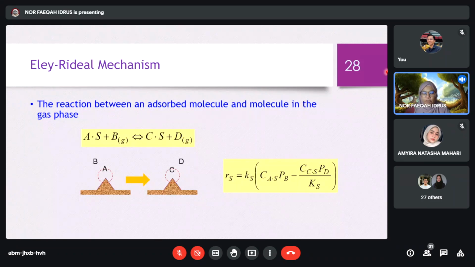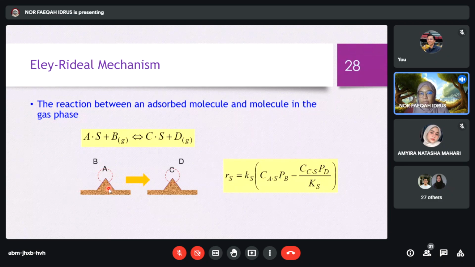So maksudnya even though you have two reactants A and B, both dalam bentuk gas phase, but only A je yang adsorb onto the active site. So meaning that only one step of adsorption. Okay, adsorption of species A. So bila dia dah adsorb, you will get this adsorbed species A dot S.